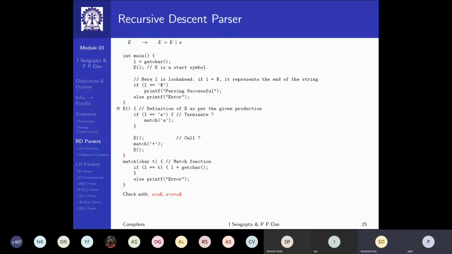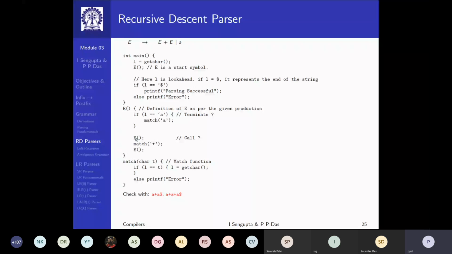And sir, what in the case of A plus A dollar sign? A plus A dollar sign, you are here. So L is A, right? You match the first A, so your L becomes plus. Now you call E, and now you are in the same problem.